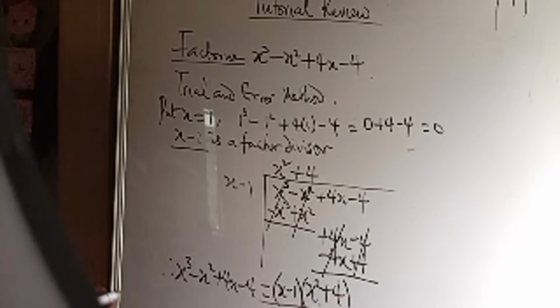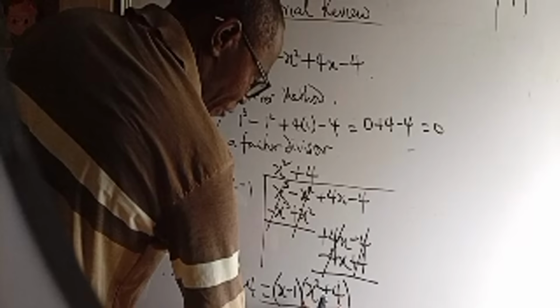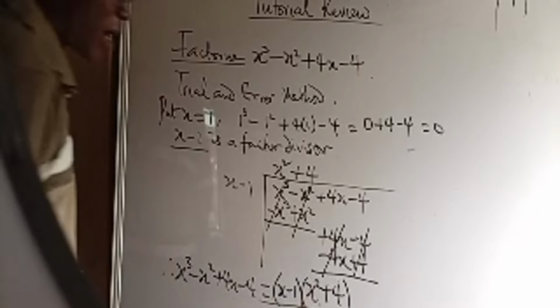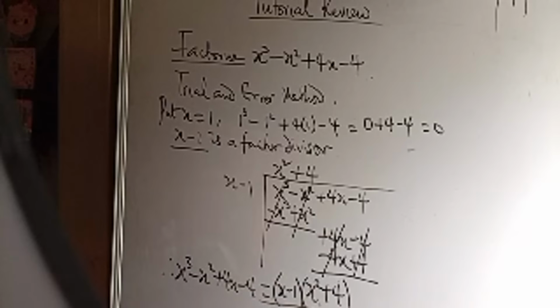So we stop here because we can no longer break x squared plus 4 into a simpler version. So the result of that now is x minus 1 into x squared plus 4. That's the factorized version, the expression that we obtain from the polynomial itself.